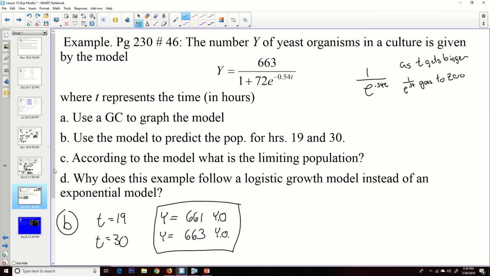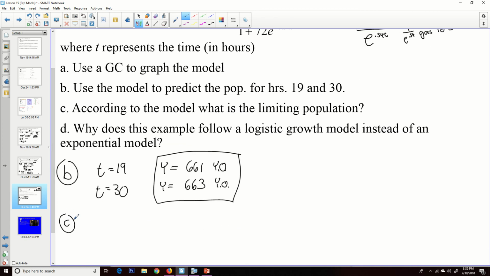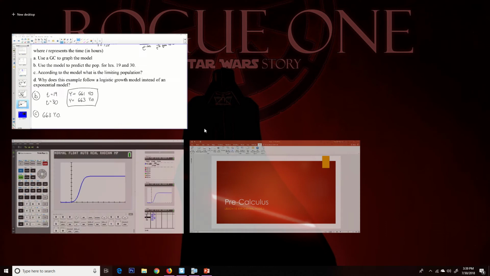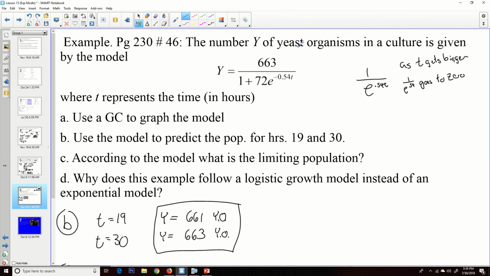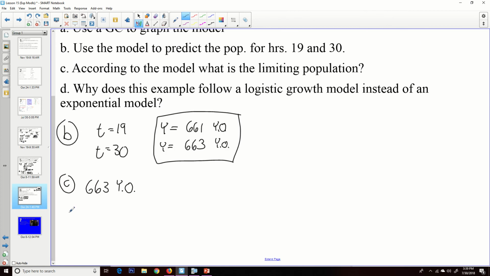So according to the model, the limiting population would be 663 yeast organisms. Why does this example follow a logistics model instead of an exponential model? Well, again, this is yeast organisms in a culture. You could probably have a couple of different reasons.